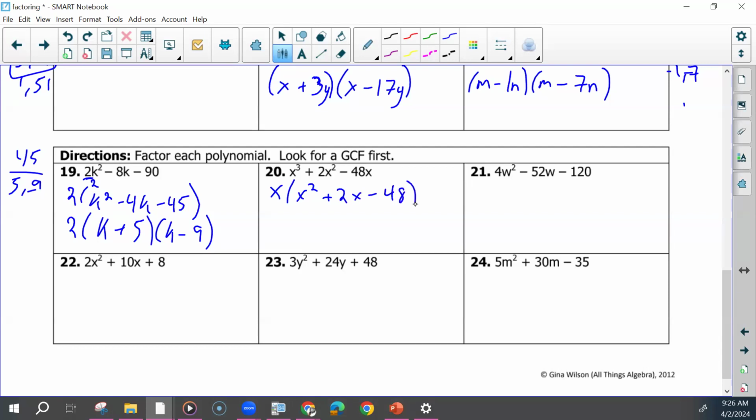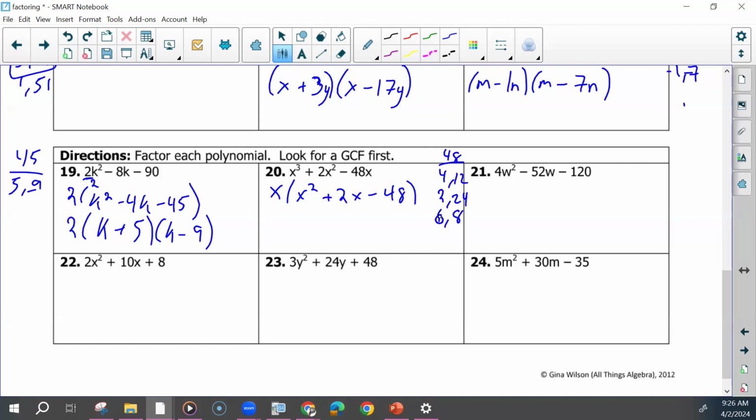And then we find two factors of 48 that would add or subtract to be 2. Four. Well, what else? 2 and 24. What else? 6 and 8.